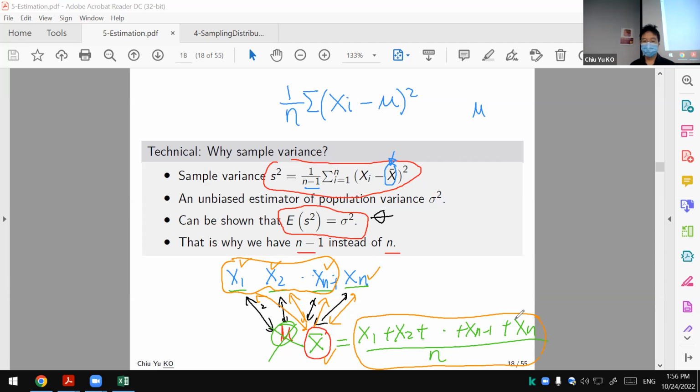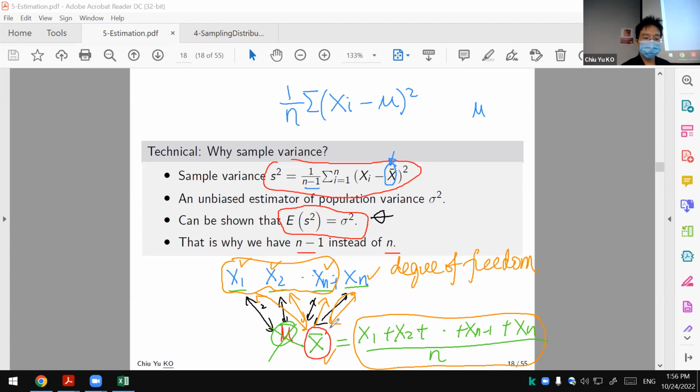So if I have to guess x bar, actually the variation available to us is just n-1, because if you change one, the rest is already fixed, since the last one has to change according to the relationship. That's why some textbooks would say this is called degrees of freedom.